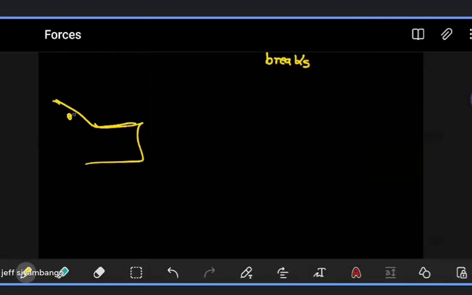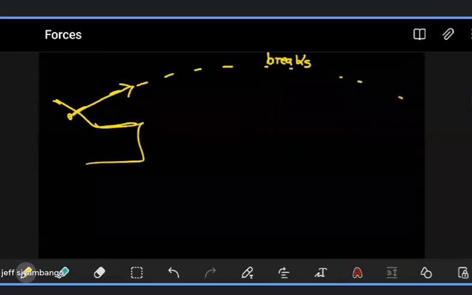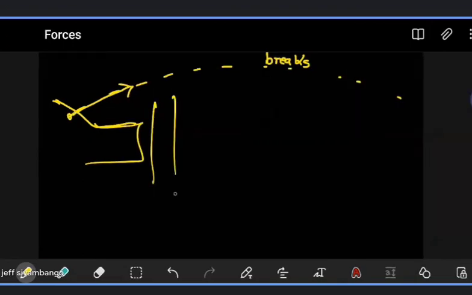It's like the person was thrown to act like a projectile, and then they fall somewhere ahead. The car crash took place on this side, but the person is found maybe a kilometer in front.